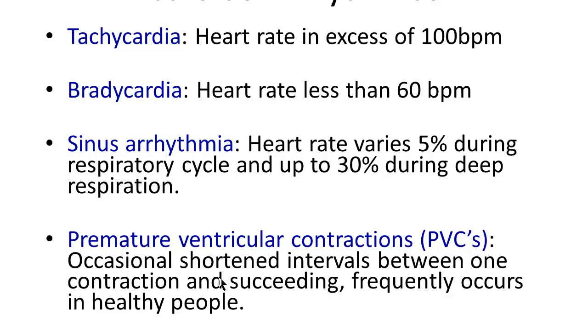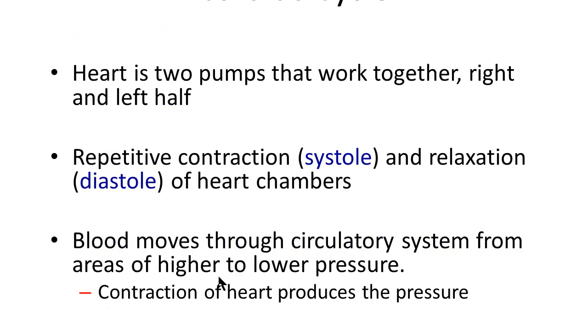So the cardiac cycle just refers to the period of contraction and relaxation of the atria and the ventricles to produce one typical heartbeat, the lub-dup. So we call the contraction part of the cycle where the ventricles are contracting, we call that systole. And when the chambers of the heart, atria or ventricles, are relaxing, we call that diastole.